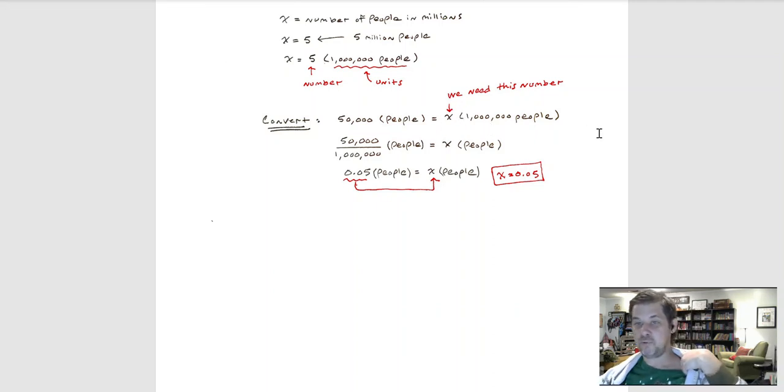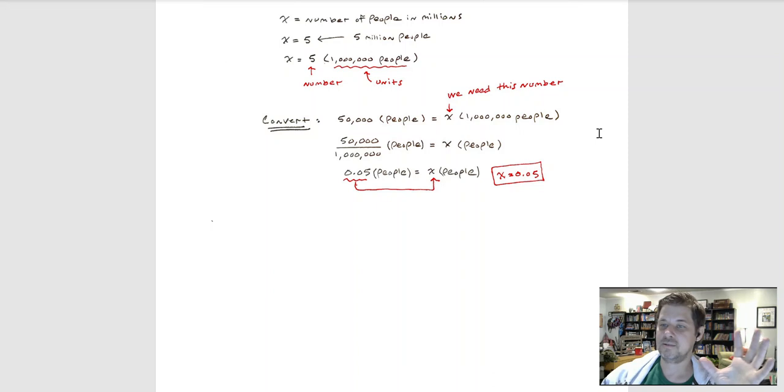All right? And that's the number I'm trying to figure out. So I wanted you to have that thought in your head that this is what I'm trying to do. I got this number and I need it to be like this. I need to know what that x is. So how do you think you could get that? Well, what if you took this million right here and you divided it over there? Okay. And then that would allow you to solve for the x, this number that you're trying to figure out.